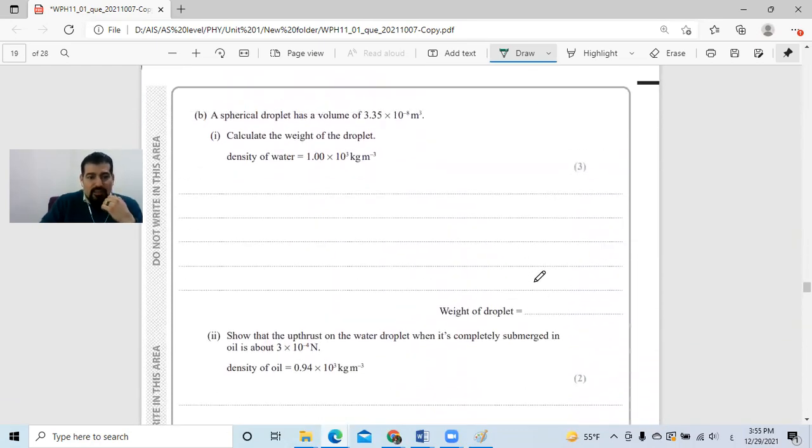Right. Part B. A spherical droplet has a volume. This is the volume. Calculate the weight of the droplet. The density of water is this. So we know that density equals mass over volume, and they ask about the weight, which is equal to mass times gravitational acceleration.